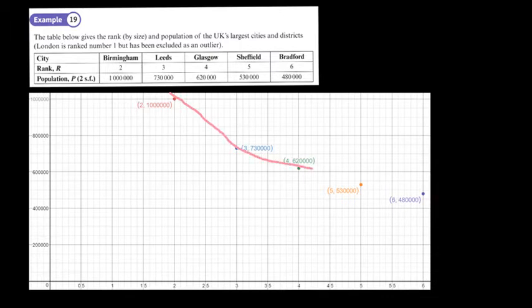It's got a curve to it, which suggests, to me at least, that its rank R is related to its population by some other type of relationship, some power of x. So it's perhaps a quadratic or a quartic relationship, or some other kind of obscure powered relationship. Certainly not a line or anything immediately obvious to us.